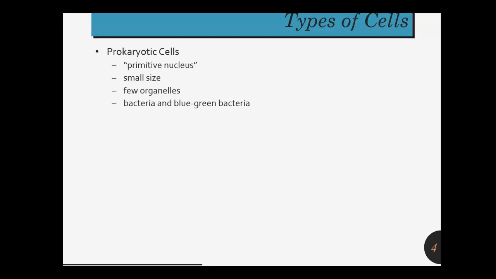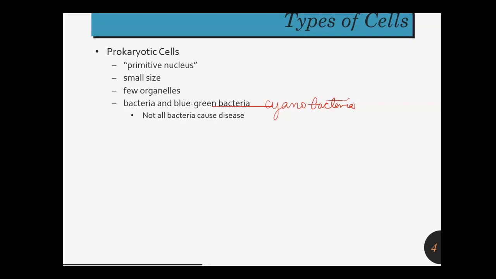In this category, prokaryotic cells, we include bacteria and a specialized bacteria called blue-green bacteria. We also call them cyanobacteria. These guys are able to photosynthesize just like plant cells and release oxygen.